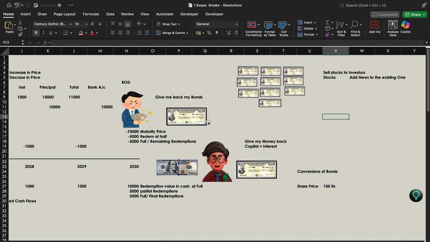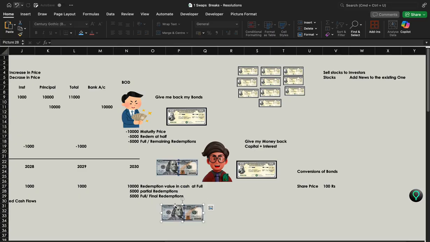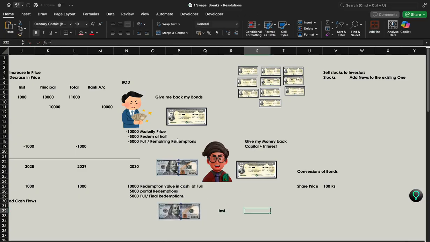So basically, now see, the investor was due two things: one is interest and another is principal. At the time of maturity, the company paid the principal and took the bonds back. But now the company is due with interest, and the investor is expecting $1,000.